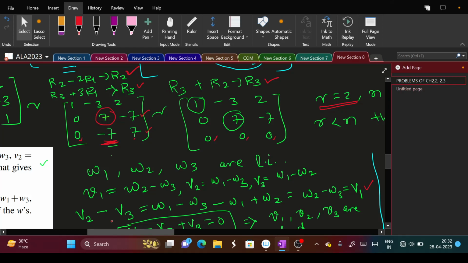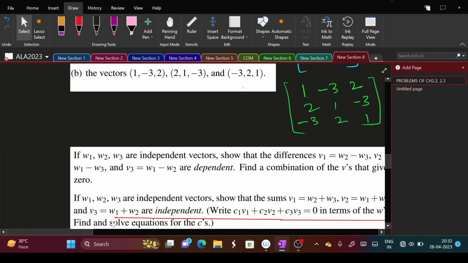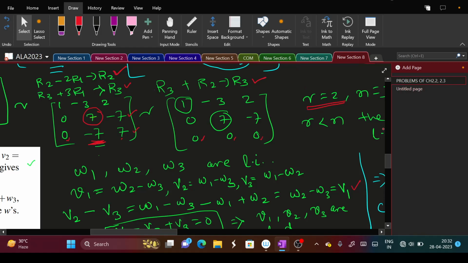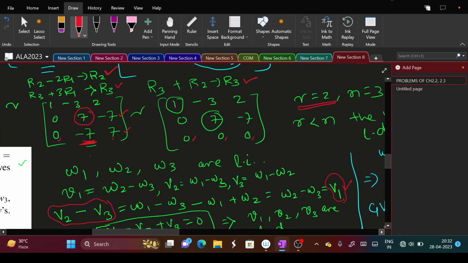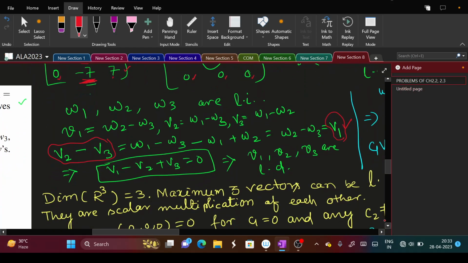V2 minus V3 is equal to V1, or I can write it in linear combination format: V1 minus V2 plus V3 is equal to 0. So I got a non-trivial linear combination of V1, V2, V3 which equals 0. Hence the vectors V1, V2, V3 are linearly dependent. This problem is over.